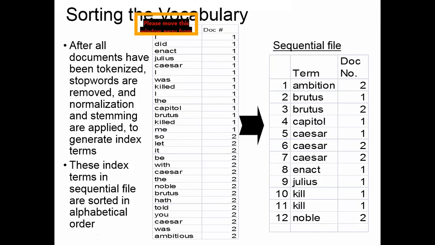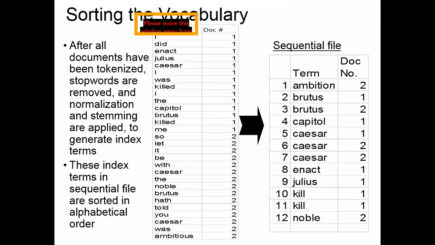You may get multiple words within the sequential file that come from a given document or multiple documents. In our case, Brutus appears 2 times because it is available in document 1 and document 2. Also, kill is available in one document only, but it appears multiple times.